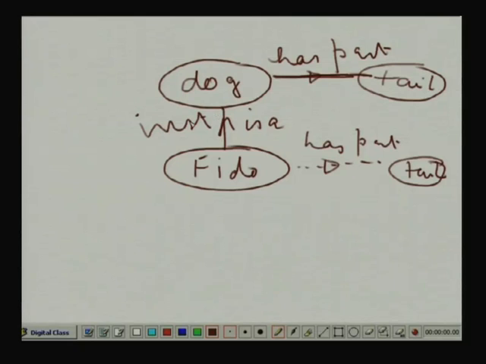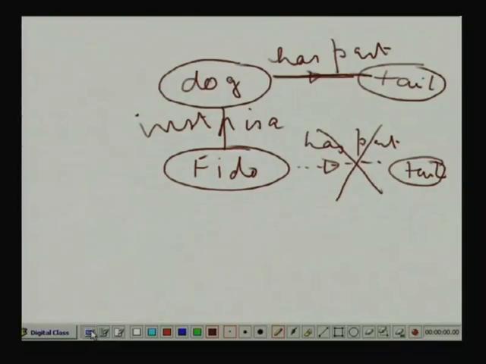Now, this Fido being an instance of dog, if we know that there is a special case that Fido's tail has been chopped off, then this does not hold. Therefore, I inherited this part by default because nothing was known to the contrary. If anything is known to the contrary, that will override.